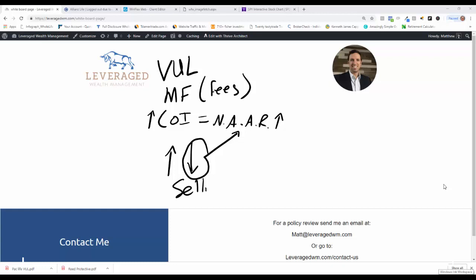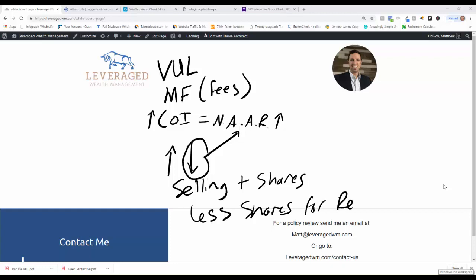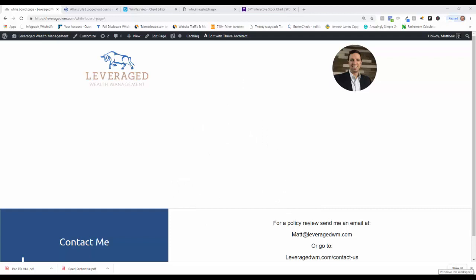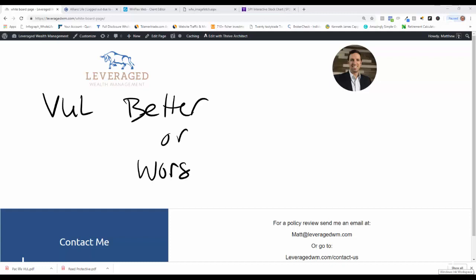Selling more shares to cover the costs associated with the fees, having less shares participating in rebounds. And the question that you should be asking yourself if you have a variable universal life insurance policy is, will my VUL perform better or worse than the last 10 years?